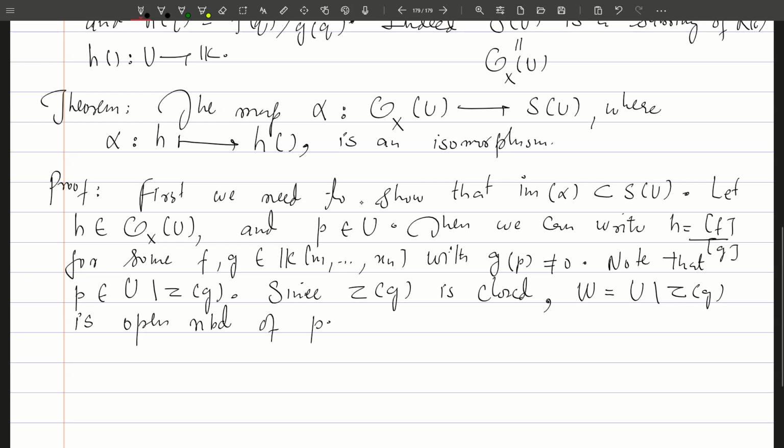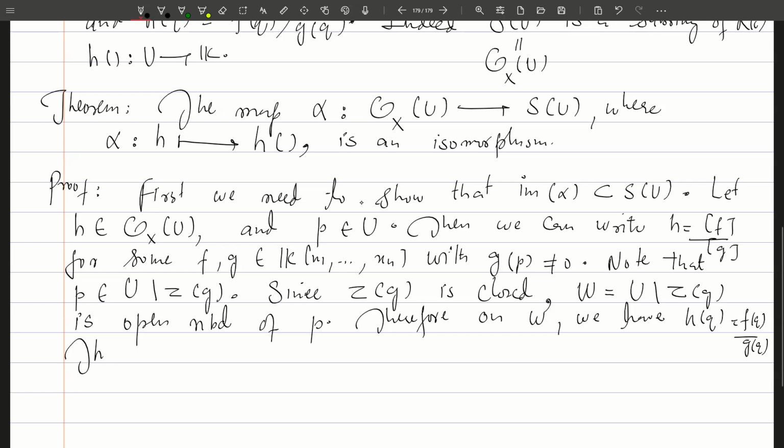We write NBD as a shorthand for neighborhood. So therefore on W we can write h of q as f of q over g of q for all q in W.